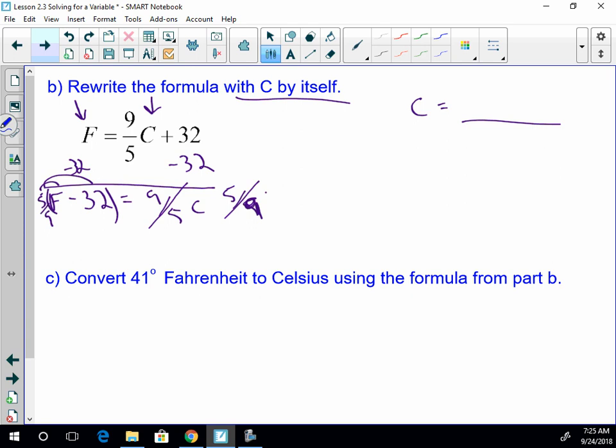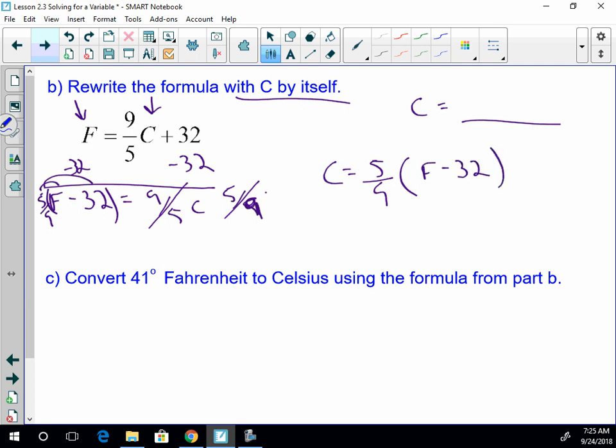Okay. So I'm going to rewrite this now and say C is now equal to, if I distribute this 5/9, well, instead of distributing it, what we can really just say is that I have C to start off as C is equal to 5/9 times F minus 32. Otherwise, it's going to look a little goofy here.